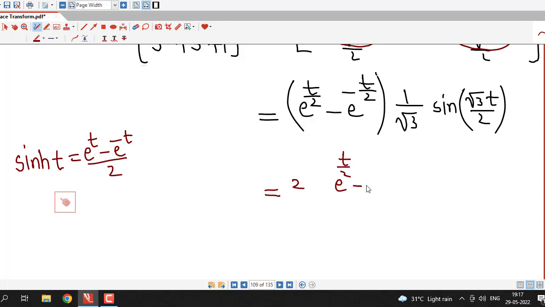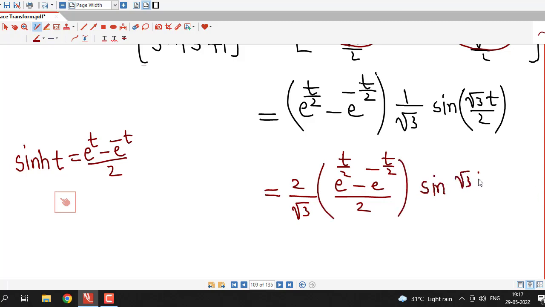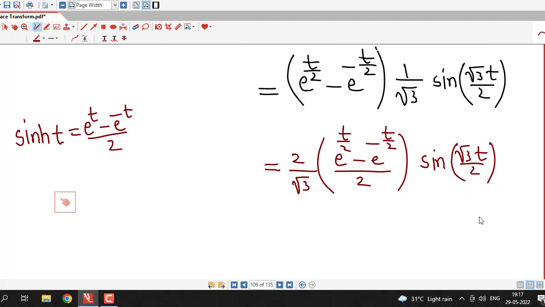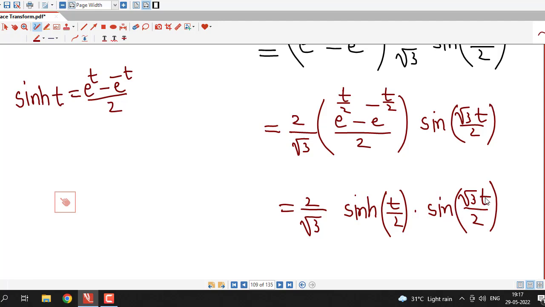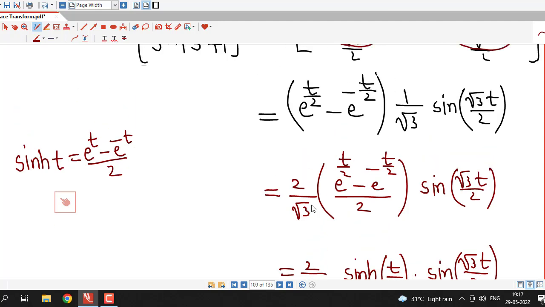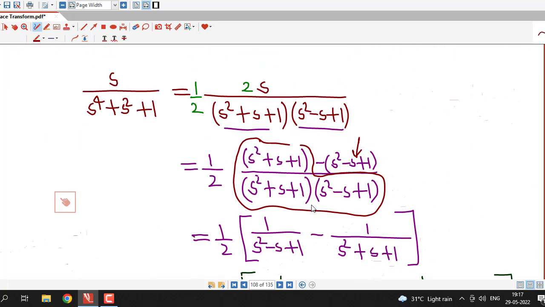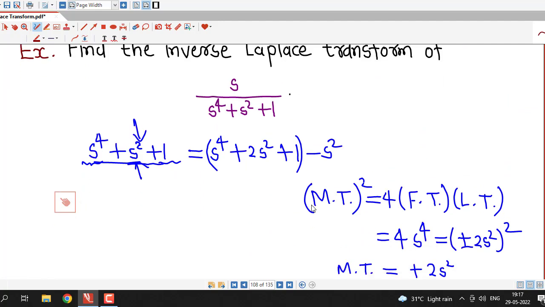Here we have e raised to t by 2 minus e raised to minus t by 2 divided by 2, and we write this 1 by root 3 here, and in the product we write sine root 3 by 2 into t, and now this bracket is nothing but the value of the sine hyperbolic function at t by 2 into sine root 3 by 2 into t. So sine hyperbolic t by 2 times sine root 3 t by 2 times 2 divided by root 3.